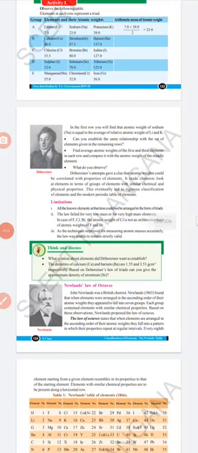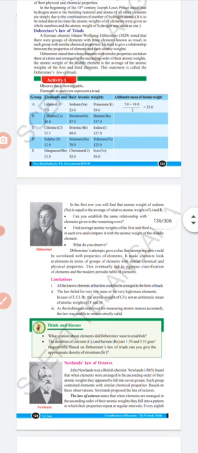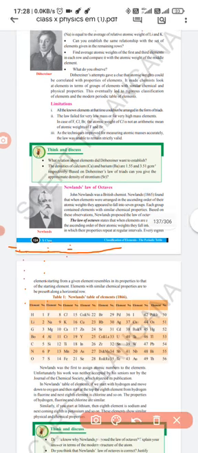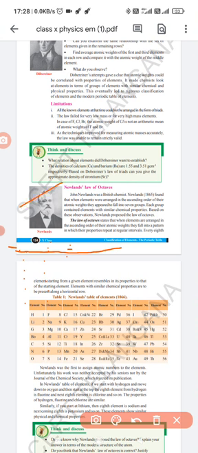We learned about Dobereiner's law of triads and its limitations, and now we are understanding Newlands' law of octaves, its statement in this paragraph, and Newlands' table.